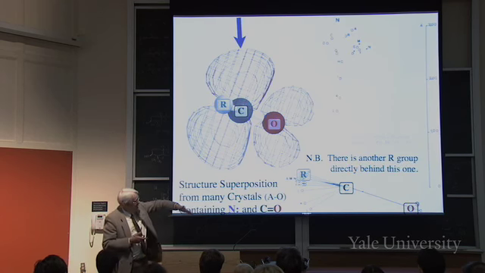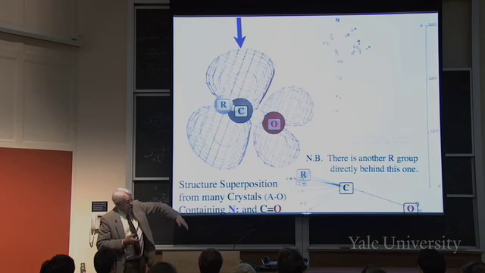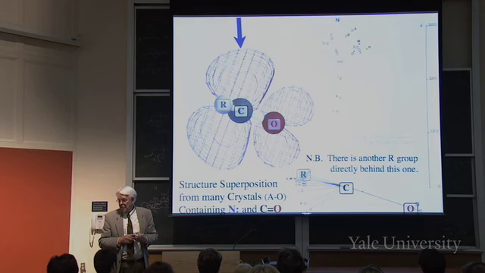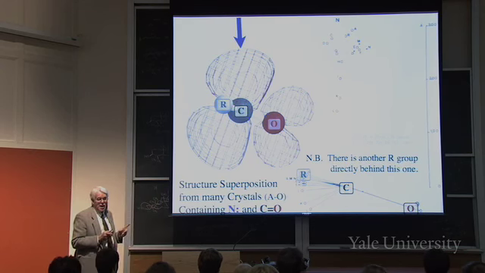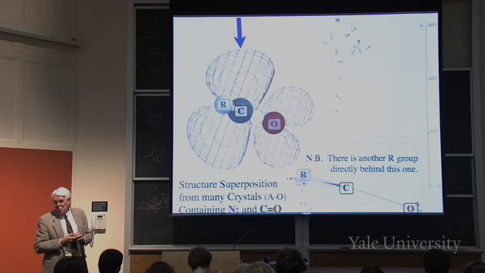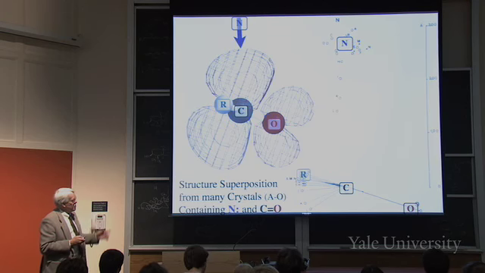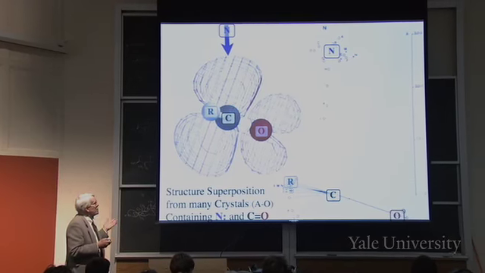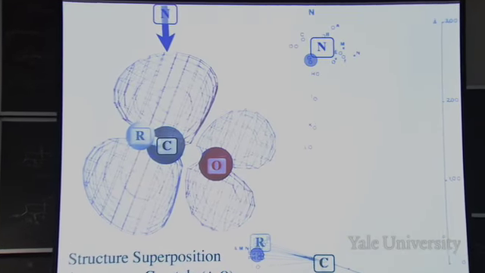Okay, so we rotate all these different structures around that carbon-oxygen bond, so those things are all one hiding the other one. The R in front hides the R behind. And now we look with that orientation to see where the nitrogen is nearby. And those dots up on the top show, in many different structures labeled A, B, C, D, E, F, G, H, I, K, L, where the nitrogen is.